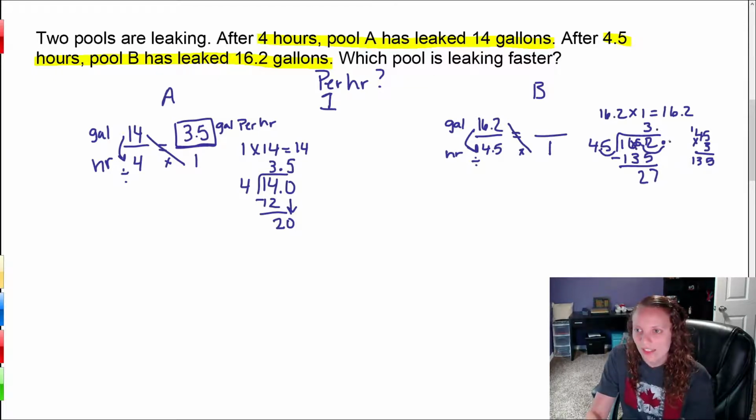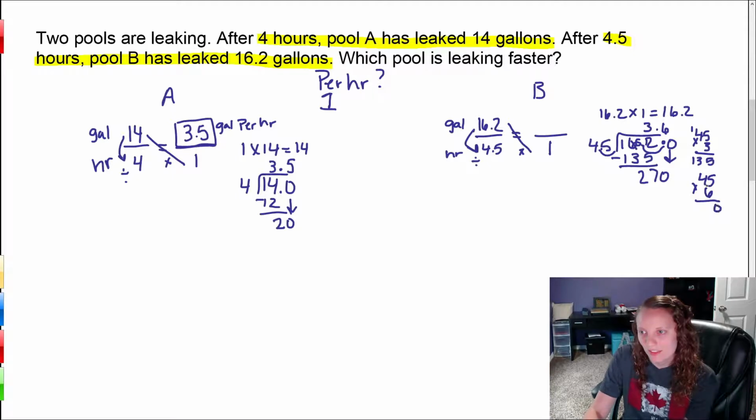Going to add a 0 and bring it down. 45 goes into 270 6 times. 45 times 6 is 270 exactly. So our rate for pool B is 3.6 gallons per hour.